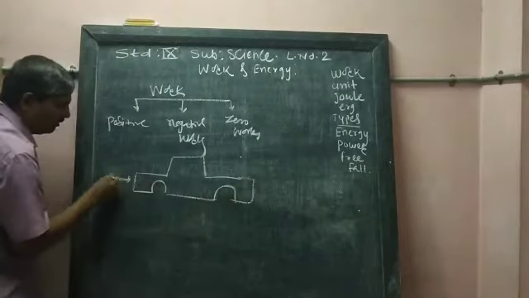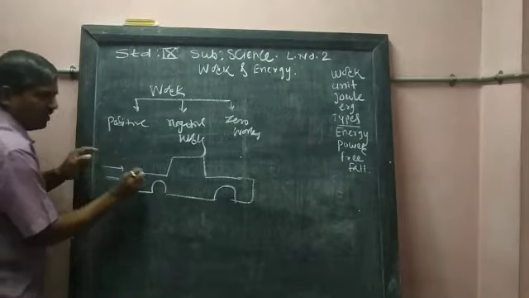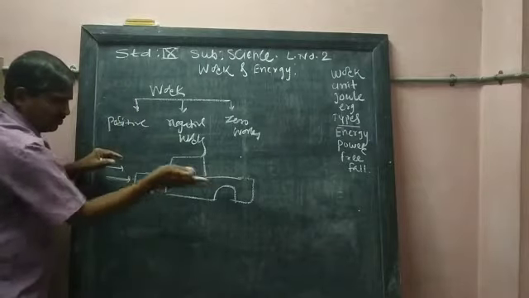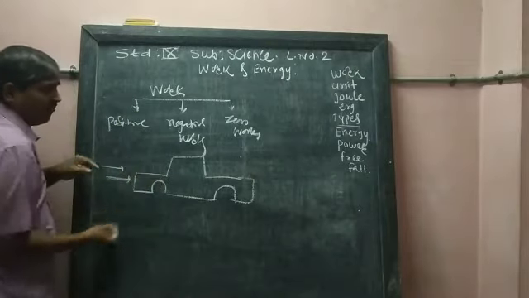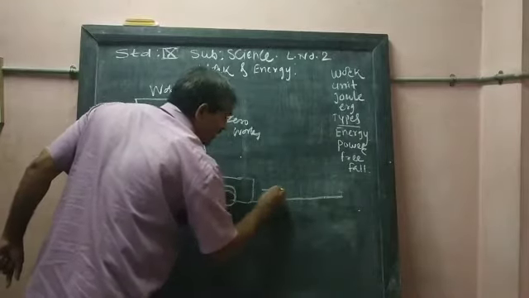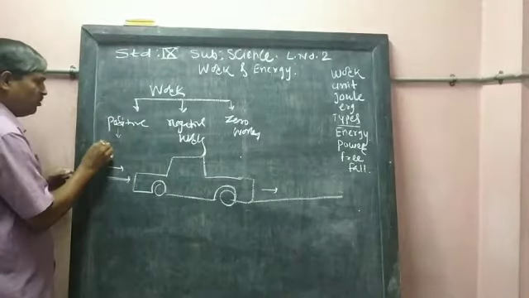If we are pushing in the forward direction, it means the direction of the force is in the forward direction. Then what will happen? Displacement will take place in the direction of the force. Understand?